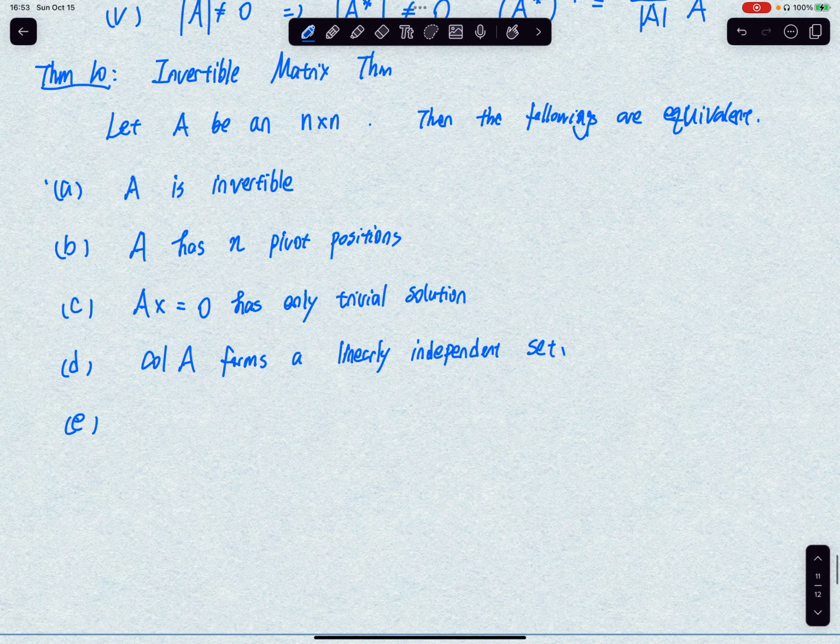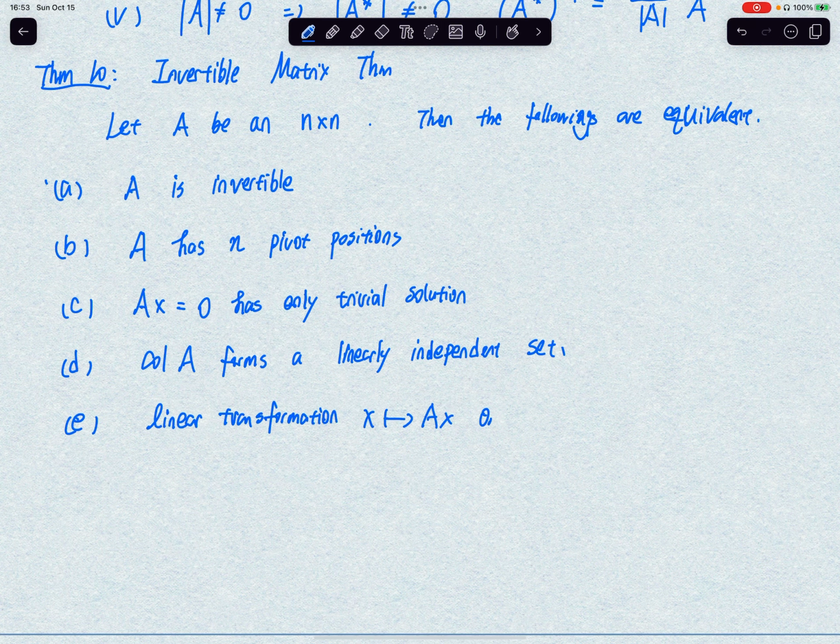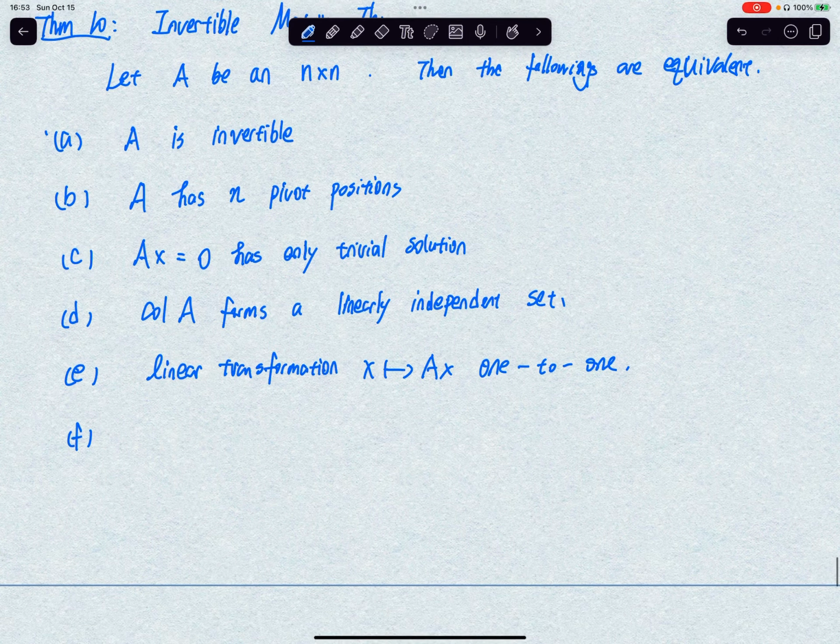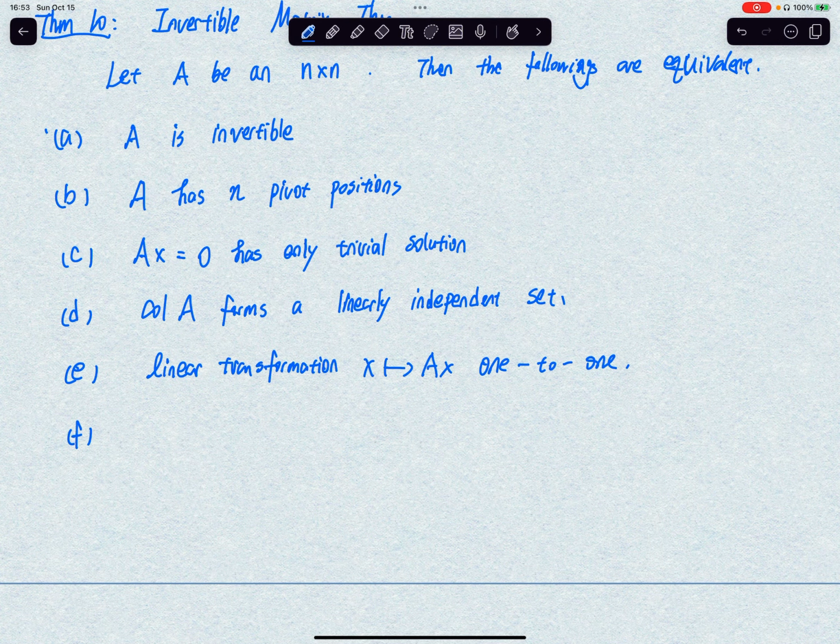E, we have the linear transformation, namely, x maps to Ax being 1 to 1. So that is, it is injective. And by saying onto, we mean it is surjective.